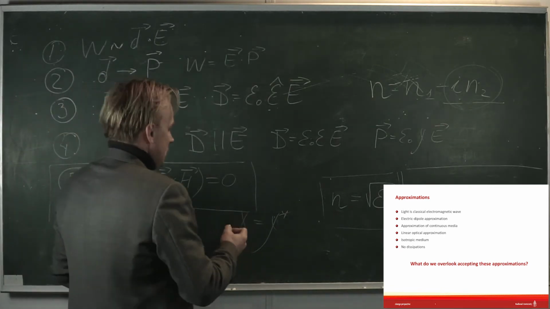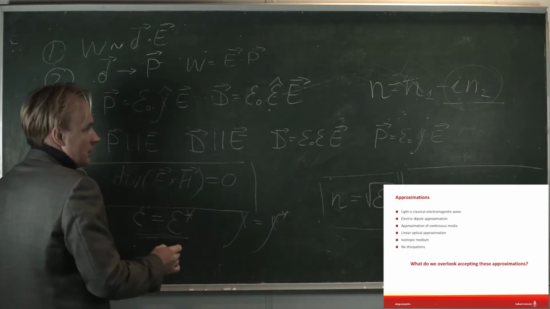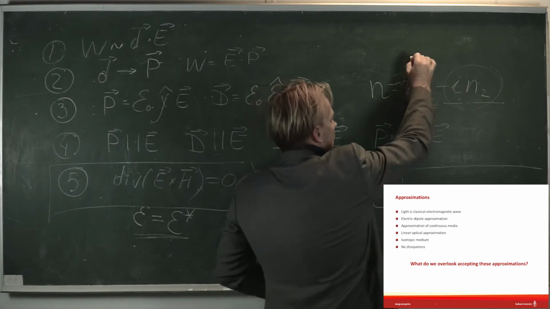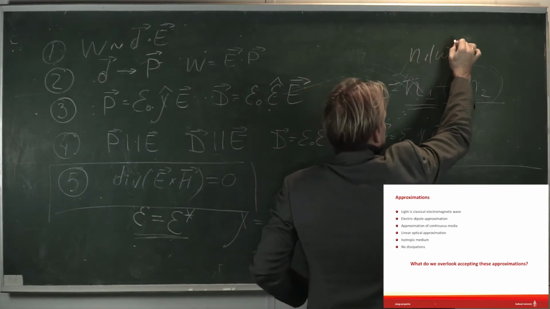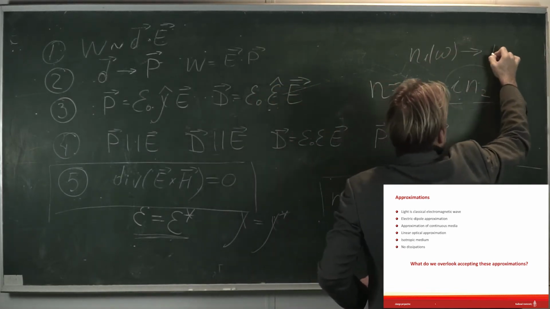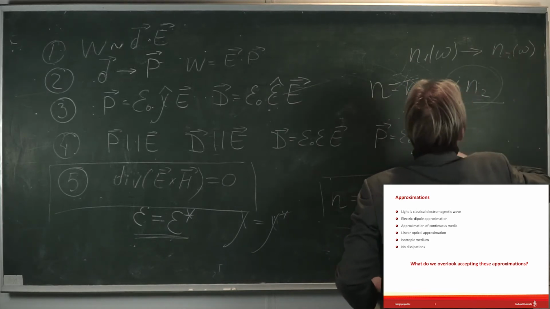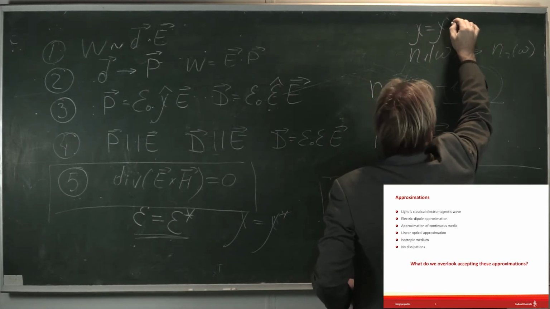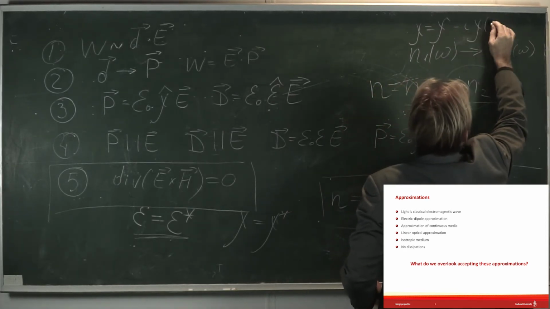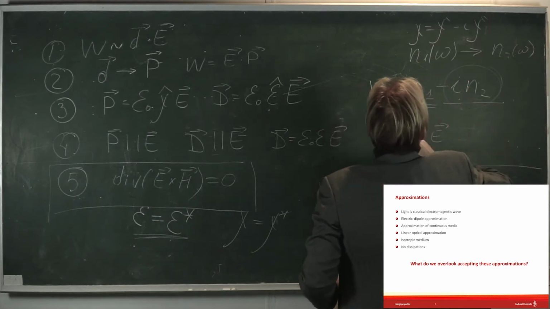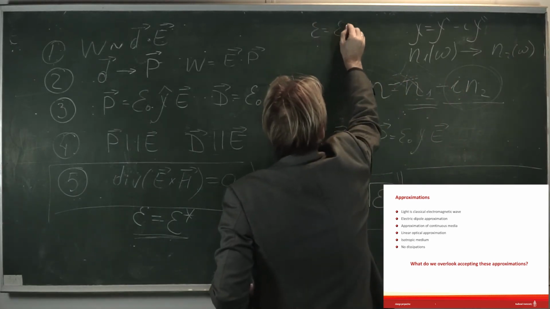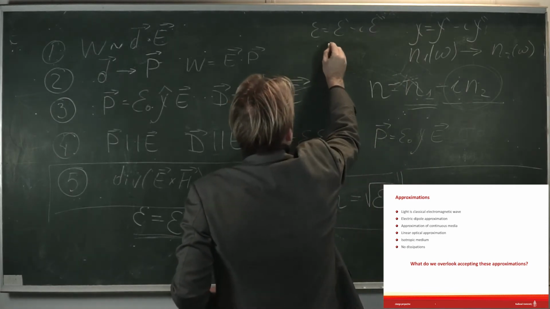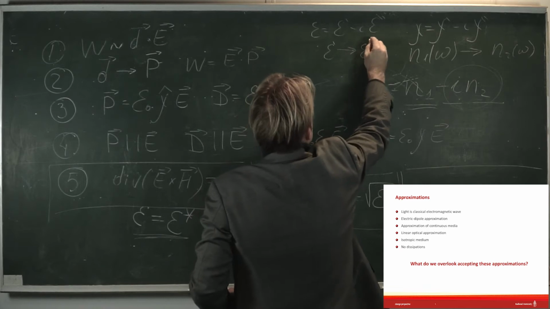Basically, what I wanted to show you is that if you know the real part of the refractive coefficient, the spectrum of the real part of the refractive coefficient, you will be able to calculate the spectrum of the imaginary part. And the same is valid if you look at the real and imaginary part of optical susceptibility, or real and imaginary part of dielectric permittivity. So if you know one, you can calculate another one.